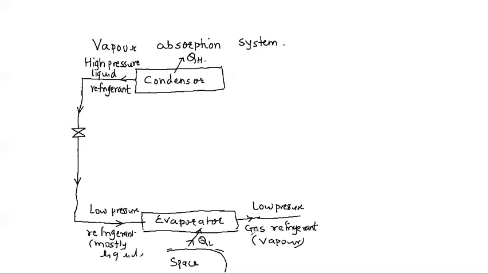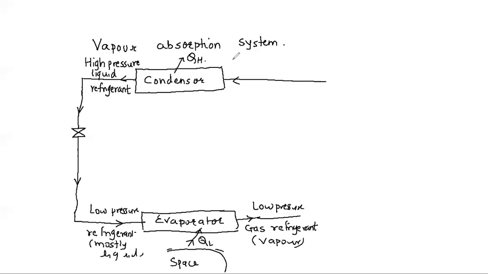Okay, now as I said, in the condenser, what you expect is, let me just pull this here. In the condenser, you are expecting that a gas should enter, okay? Because condensation means you are converting the gas to liquid, okay?